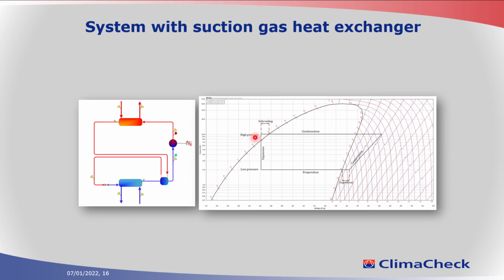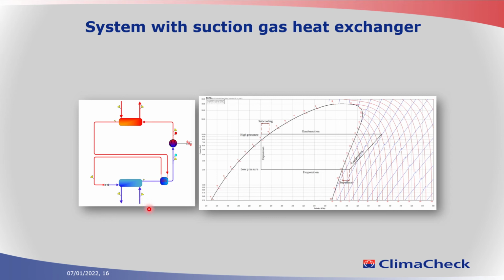Even though this is adding subcool and superheat, this is just an internal heat exchange. So the amount of superheat you add here will be the same amount of energy that is adding subcool here. So if we look externally on the system, this heat exchanger will not add any heating or cooling capacity, but in some systems it's preferred to have this extra subcool and extra superheat.